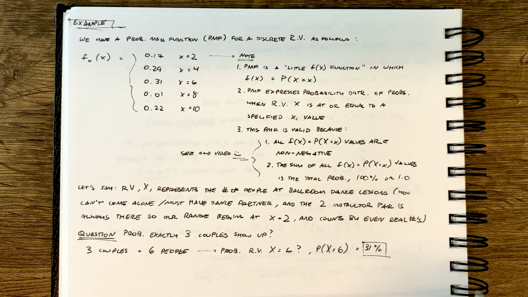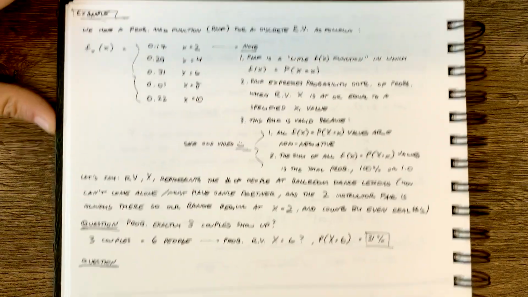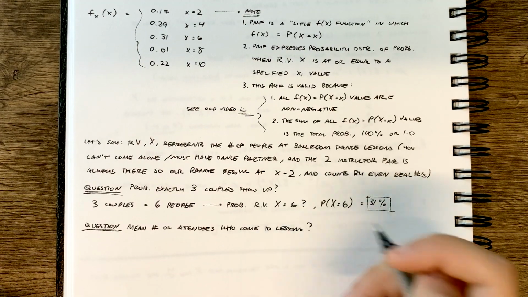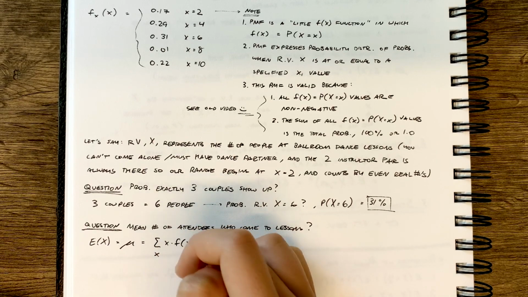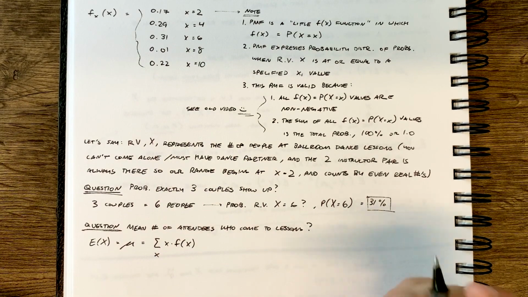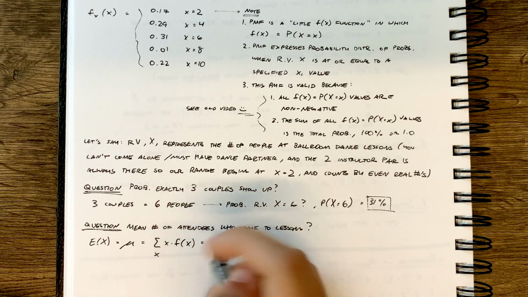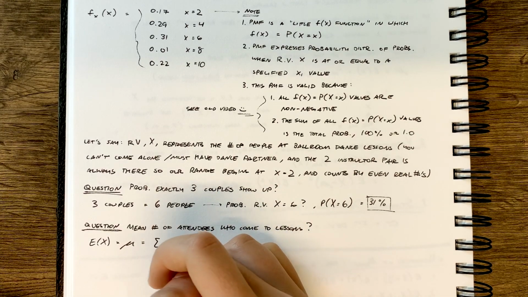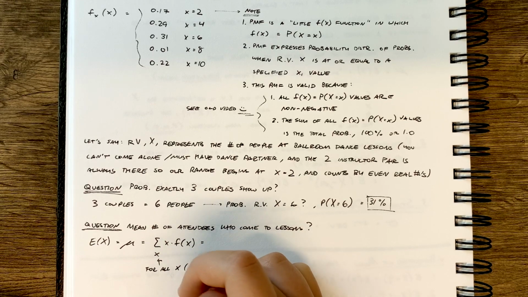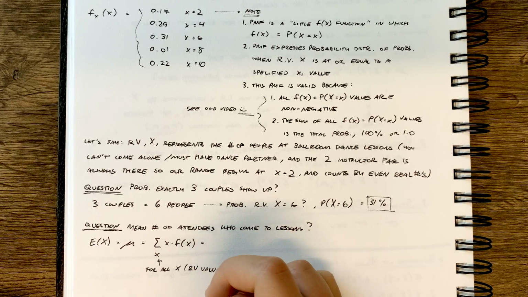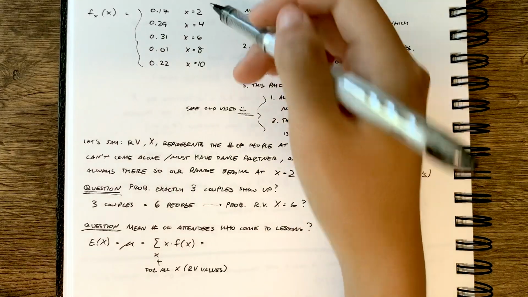All right, let me pose another question. Let's find the mean number of attendees who come to lessons. So our mean would be an E of x function, also denoted as the Greek letter mu. And as we saw earlier, we can take each random variable x value and multiply it by its respective f of x function, or in other words, its respective probability.